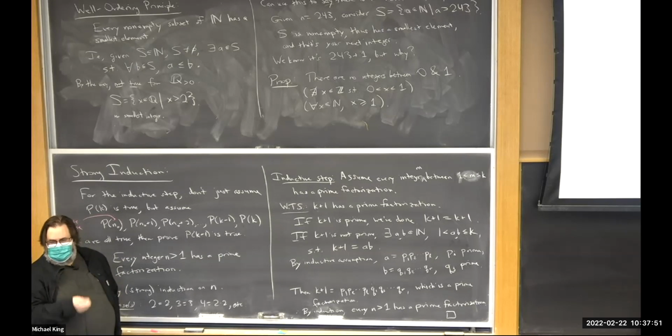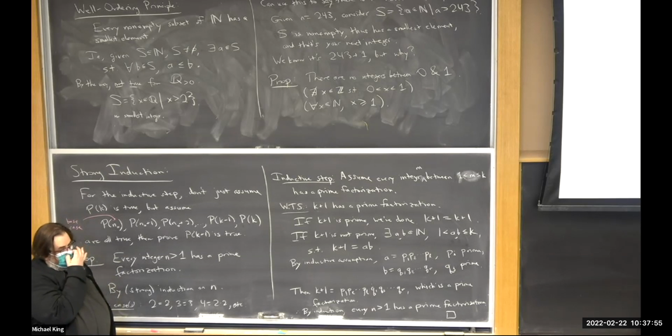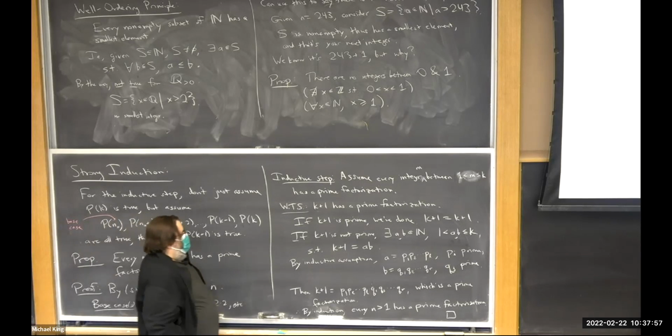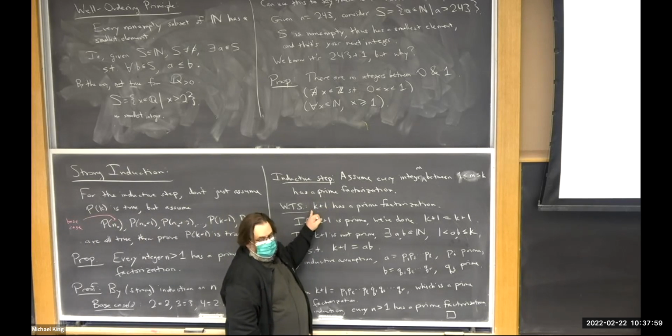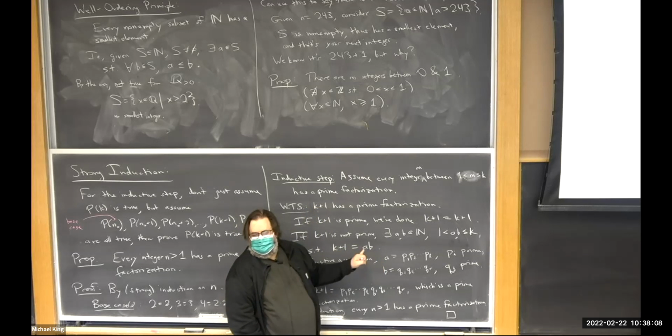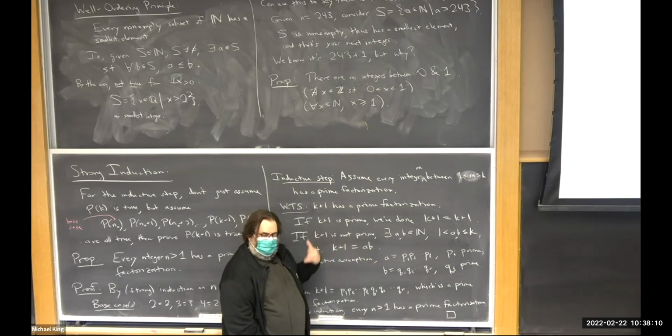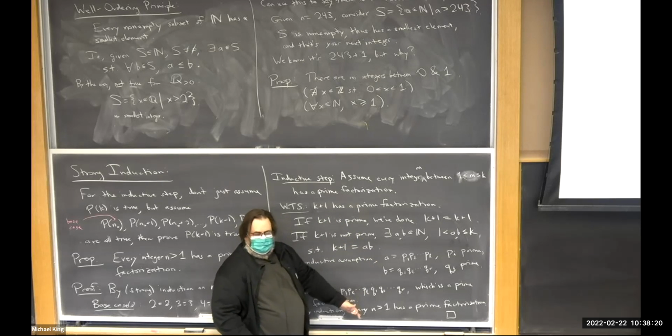We assume it's not empty, and we want to contradict that. If it's not empty, it has a smallest element, something like this k plus 1. It can't be prime, because then it would have a prime factorization. So it must factor into two smaller numbers. But those numbers are outside the set, because they're less than the smallest element of the set. Therefore, they have prime factorizations.